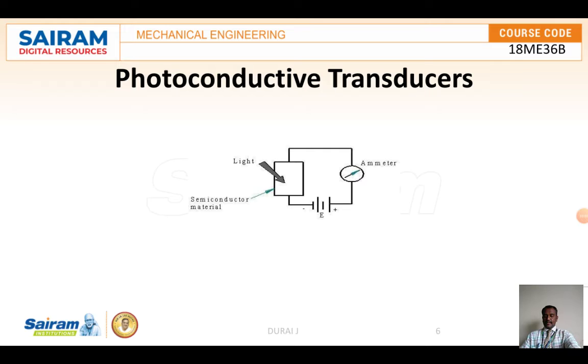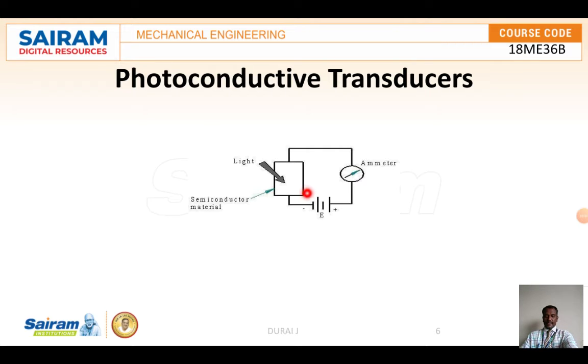In the photoconductive transducer, a voltage is impressed on a cadmium sulfide semiconductor material. When the light strikes the semiconductor material, the resistance decreases, thereby increasing the current, which is indicated by the meter.